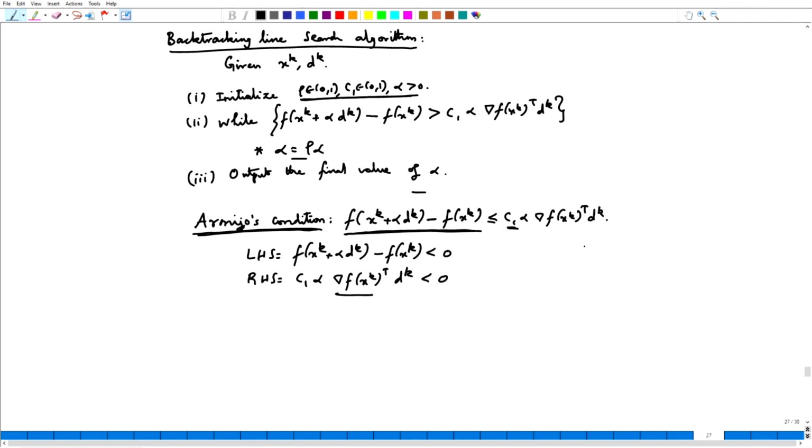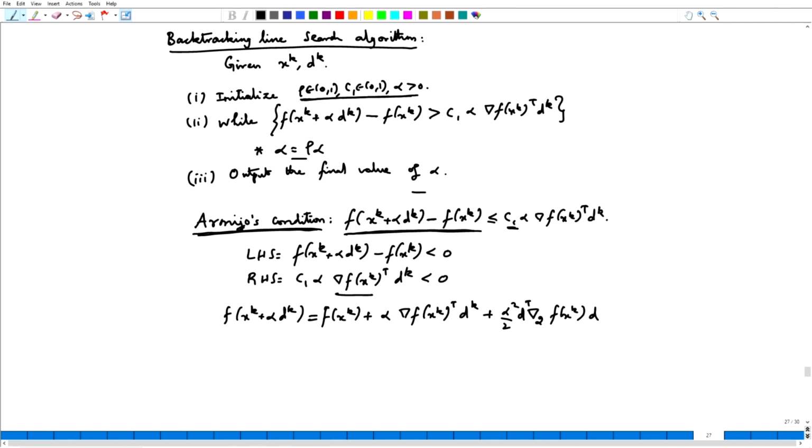Let us expand this to understand it further. If you do the Taylor's expansion, f of x k plus alpha d k is f of x k plus alpha into del f of x k transpose d k plus alpha squared by 2 d transpose del 2 f of x dash k d.